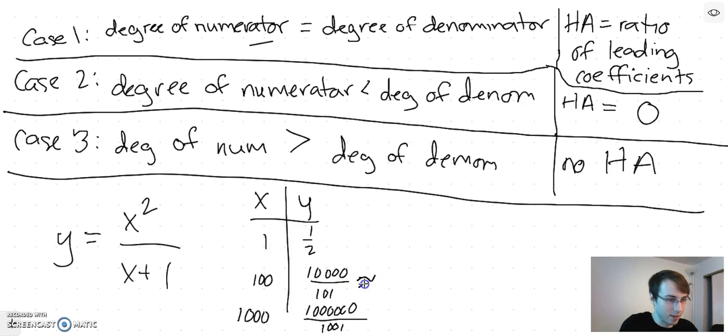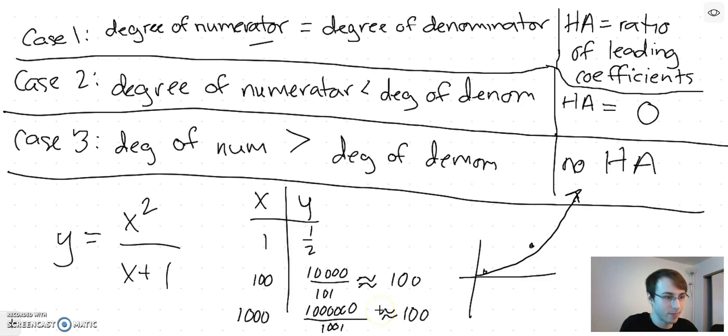This thing is roughly 100. This thing is roughly 1,000. So we draw the graph. It's just going up to infinity. Yeah, so these are the three cases.